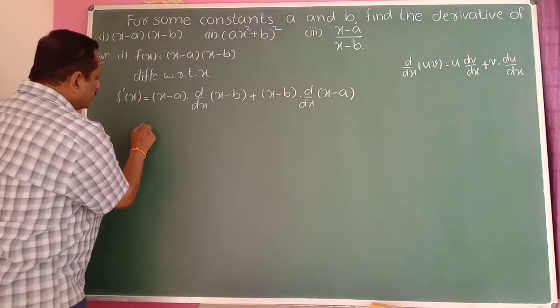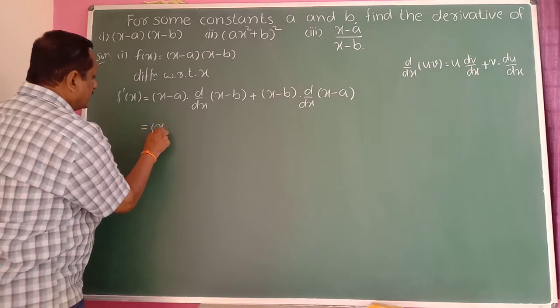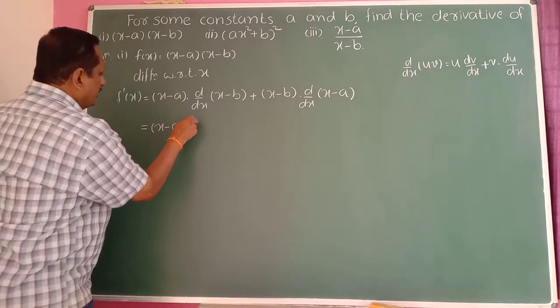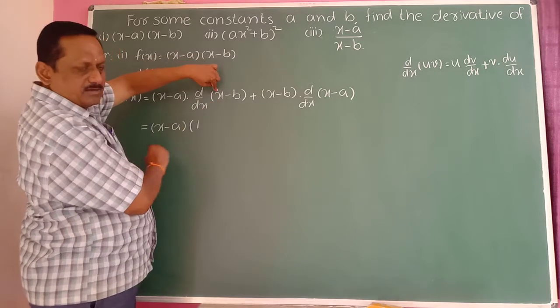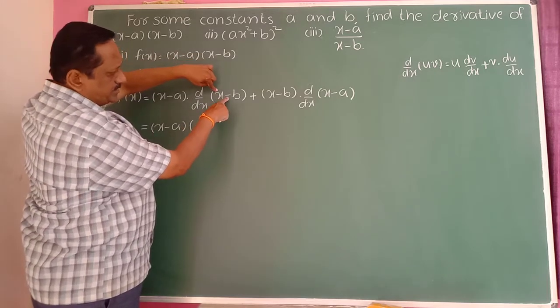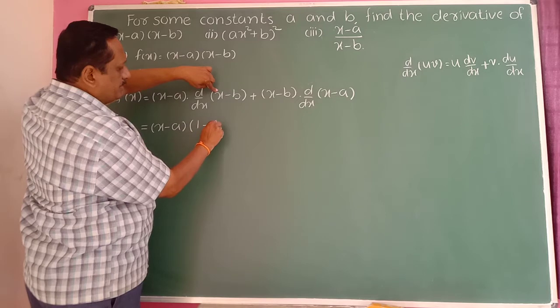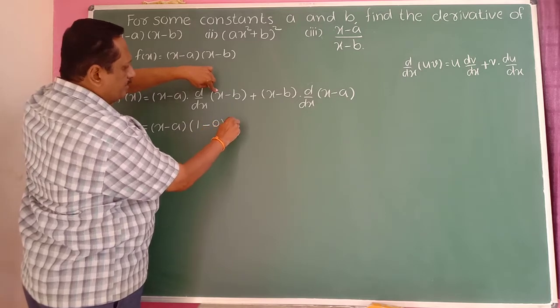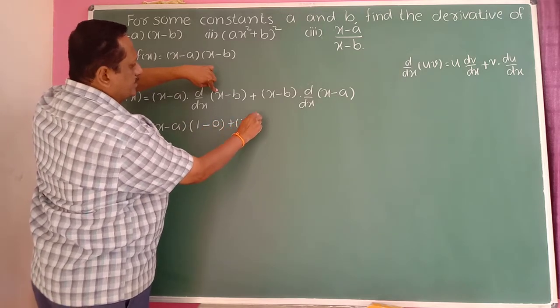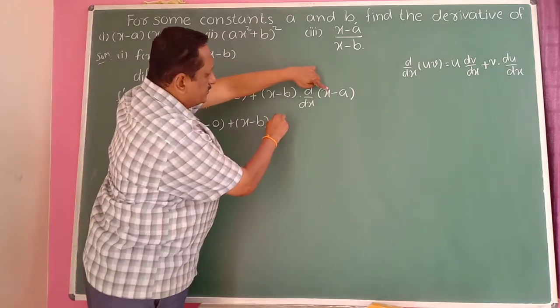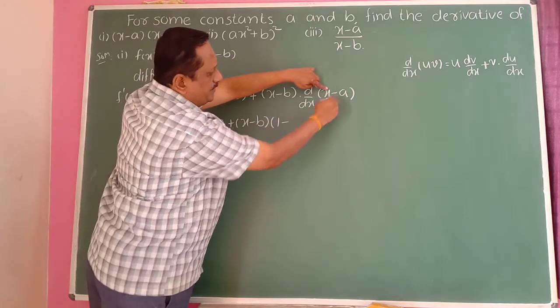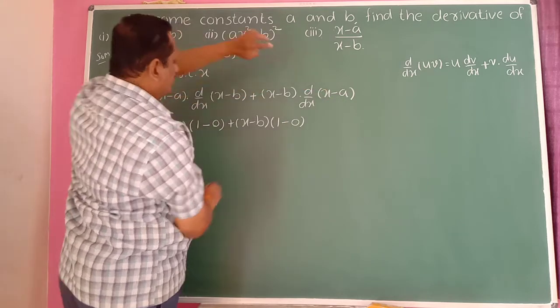Then this is equal to x minus a as it is into, here differentiation of x becomes 1 minus differentiation of constant becomes 0. Then plus x minus b as it is, differentiation of x is 1 minus differentiation of constant is 0.